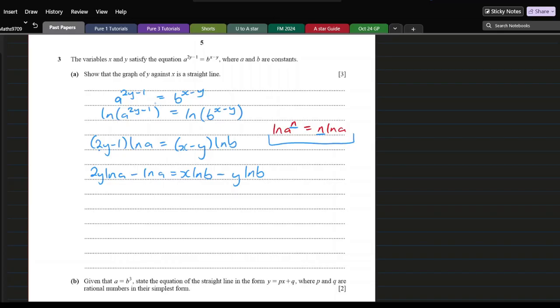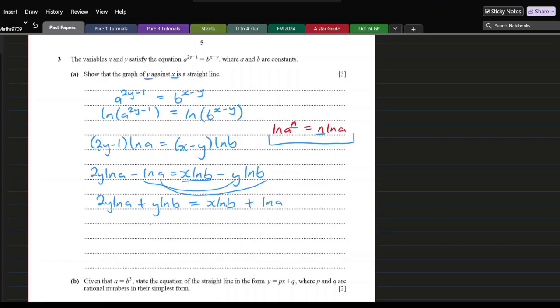Okay, we want a graph of y against x, so we need to make y the subject of the formula. So let's put everything that has y on one side, so that's 2y ln a, and then we'll bring the negative y ln b that side, so it becomes positive y ln b, and this is equal to, we've got our x ln b, and then we're taking negative ln a that side, so it becomes positive ln a.